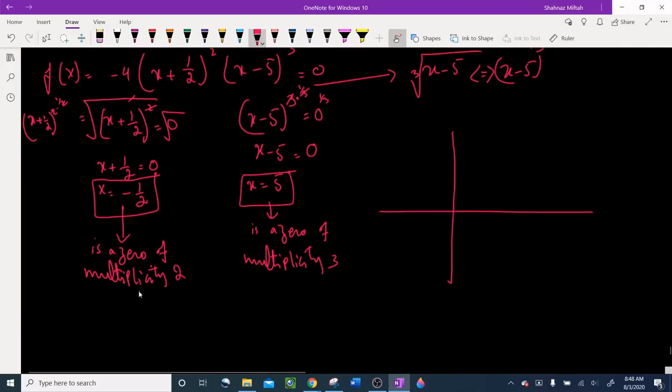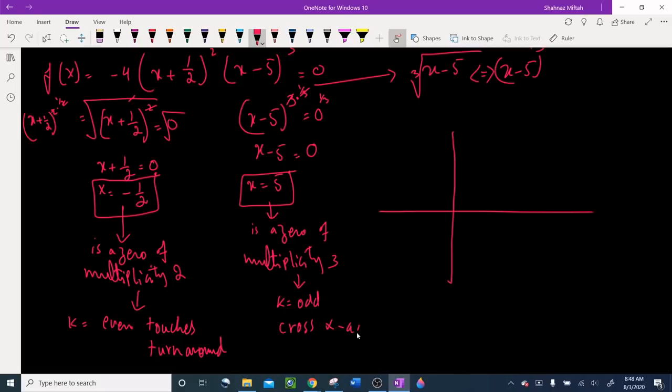So when k is even, it touches and turns around. When k is odd, it's going to cross the x-axis.